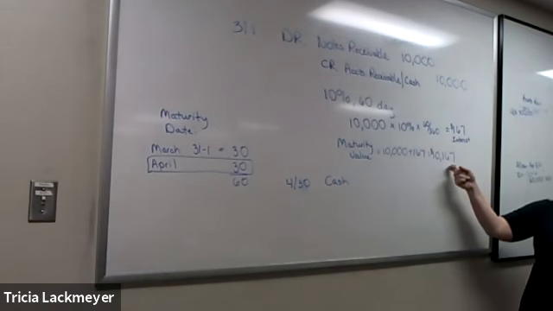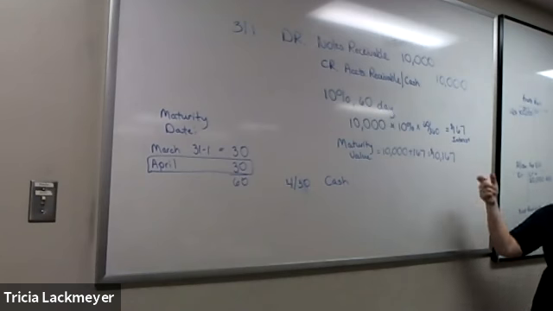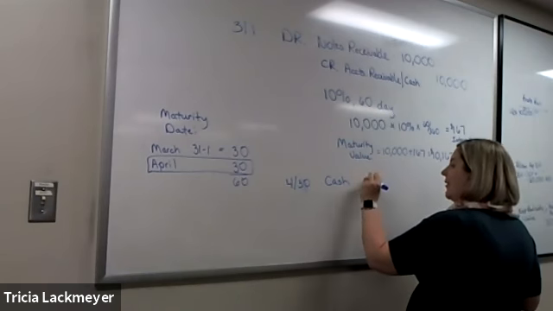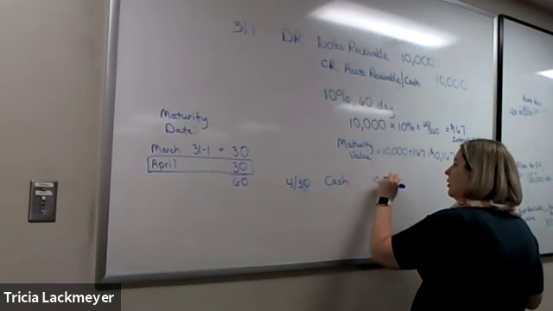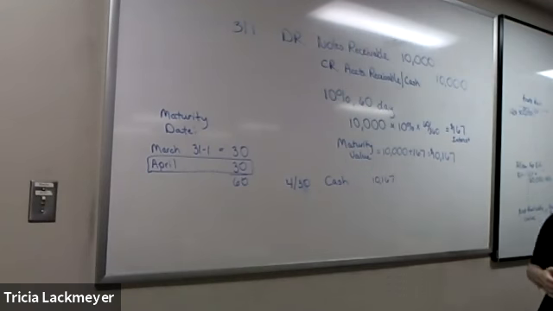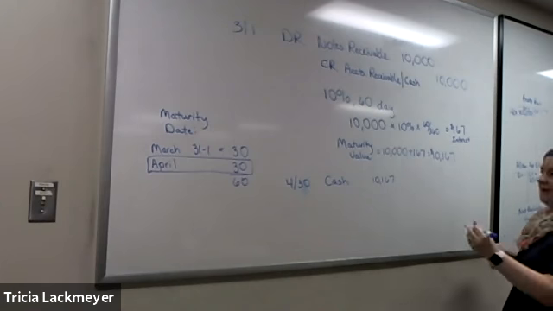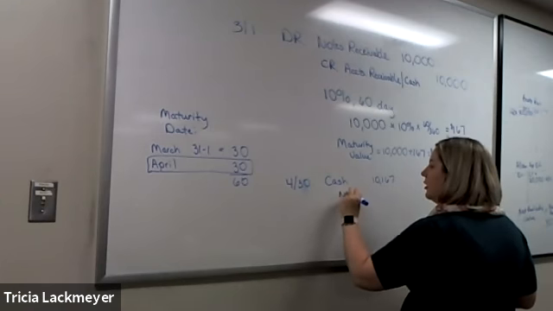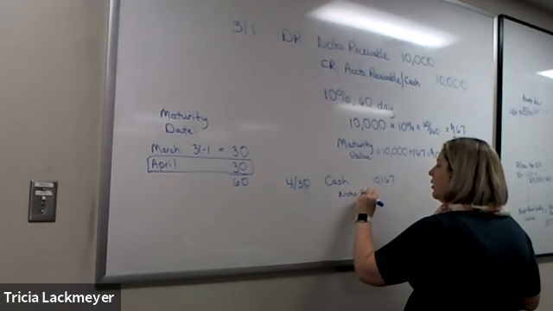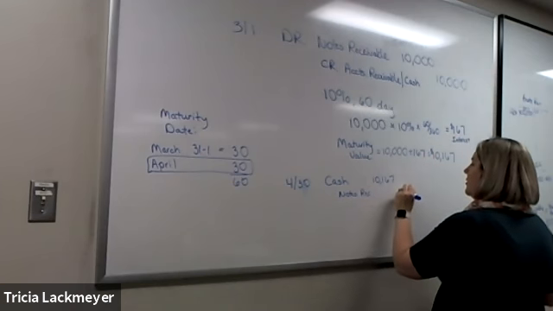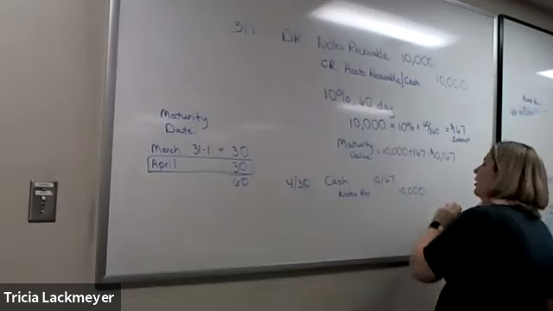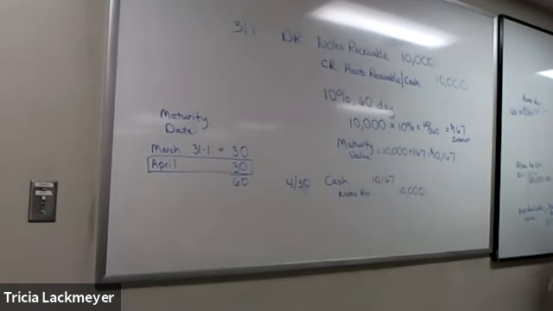We debit cash the full maturity value, 10,167. What do I credit? Notes receivable, perfect. And for how much? The face amount. So I credit notes receivable 10,000 because they paid it back to me.